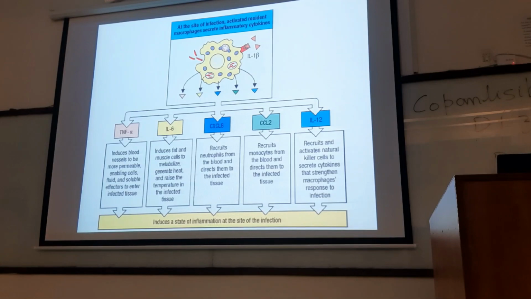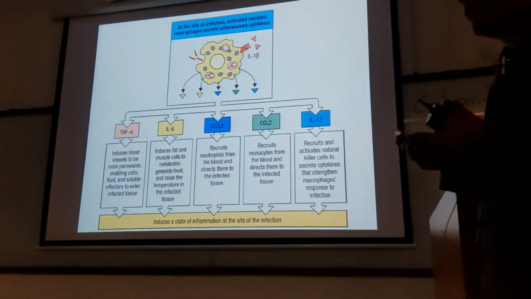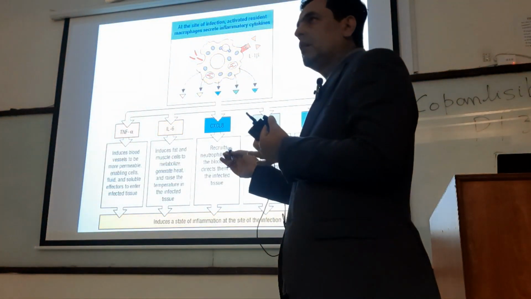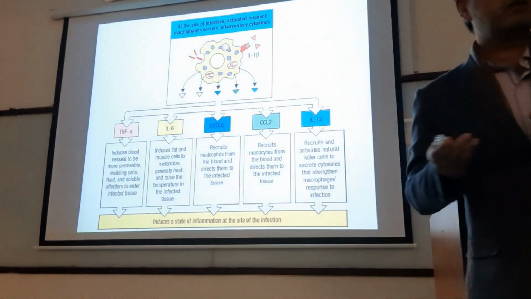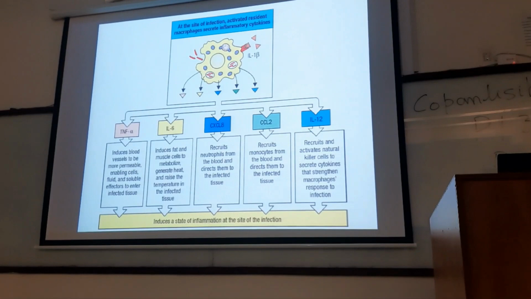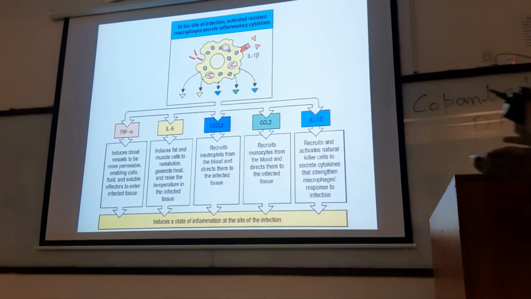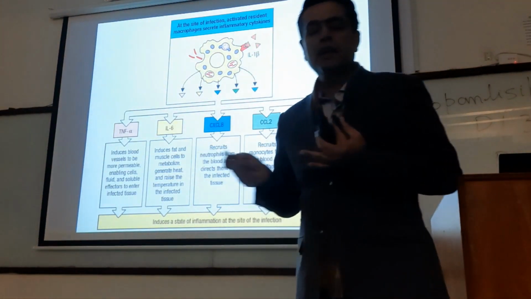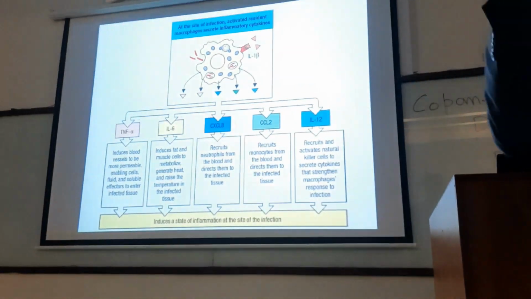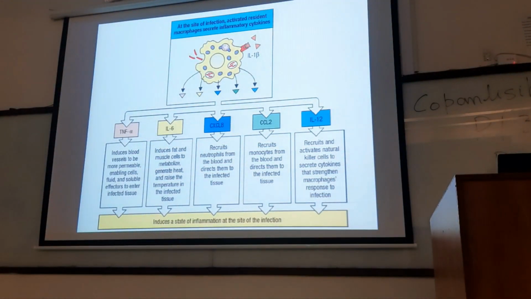We call them resident macrophages right from the birth, when the baby is born. But even before that, the macrophages have their origin that can be traced back to the yolk sac when the embryo is being formed. So the tissue-resident macrophages have an embryonic origin.